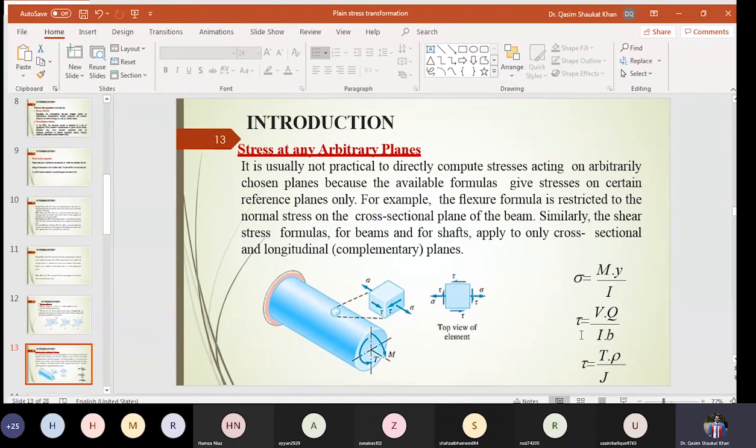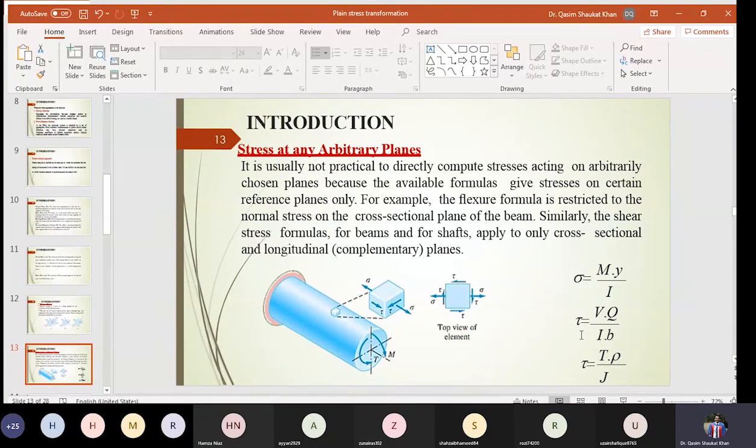So it is usually not practical to directly compute the stresses acting on arbitrarily chosen planes, because the available formulas give stresses on certain reference planes only.